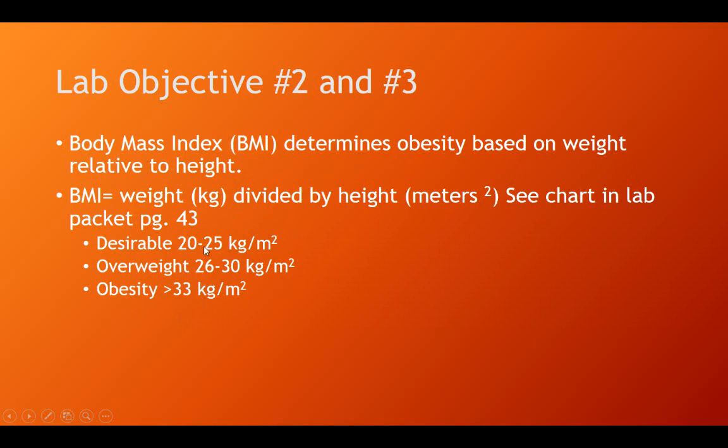This is a number, so if you could have your patient in this number, 20 to 25, this is what you would want. So maybe what would be kind of neat for you to do is just take your body weight in kilograms, so 1 pound is 2.2 kilos, and divide it by your height in meters squared, and determine where you're at, and just see where you fall: desirable, overweight, or obese.